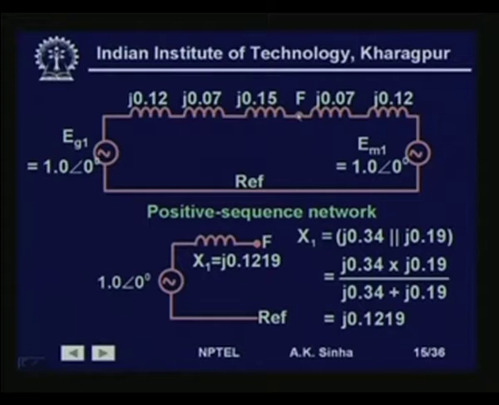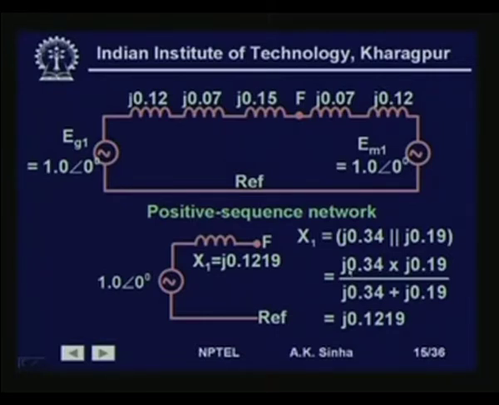Now, what we need to do is find the impedance between this F and the reference. So, we short these two voltage sources and then find the impedance between these two points. That will show that j0.19 is in parallel with j0.34. So X1 is equal to j0.34 in parallel with j0.19.